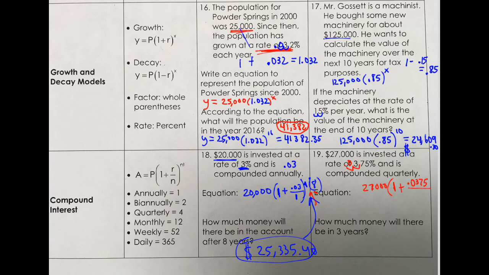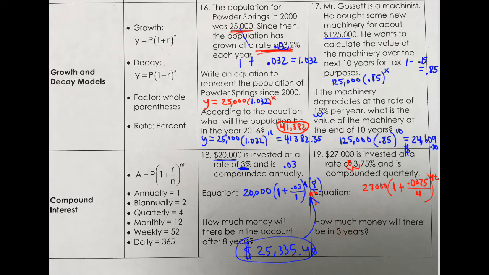over, it's saying compounded quarterly. We need to know how often it's compounded to fill in N. We go down here, quarterly is 4 times. And so we place 4 there, and then another 4 there, and then a T. Now it's asking you to plug in a 3, because it's asking how much money will there be after 3 years.